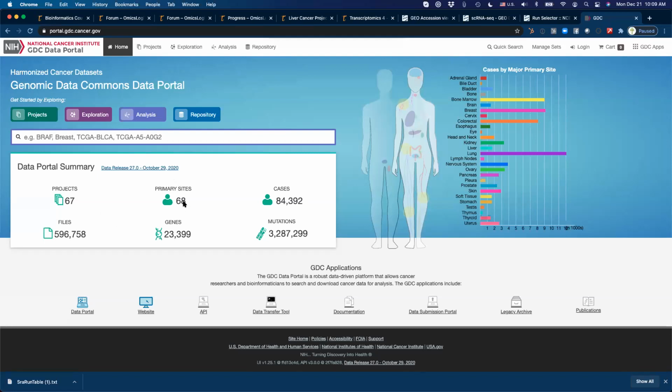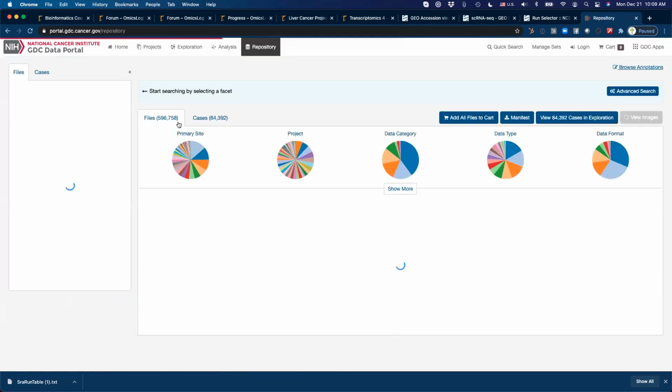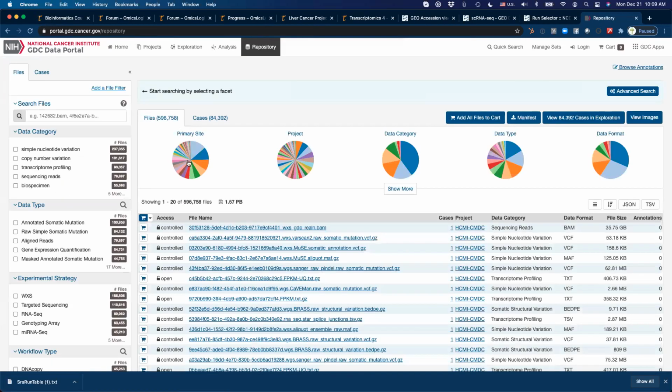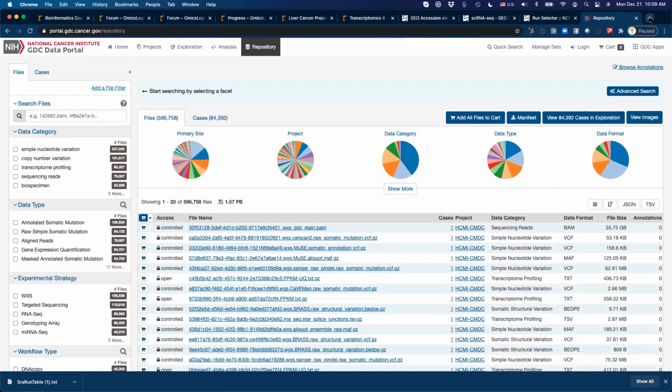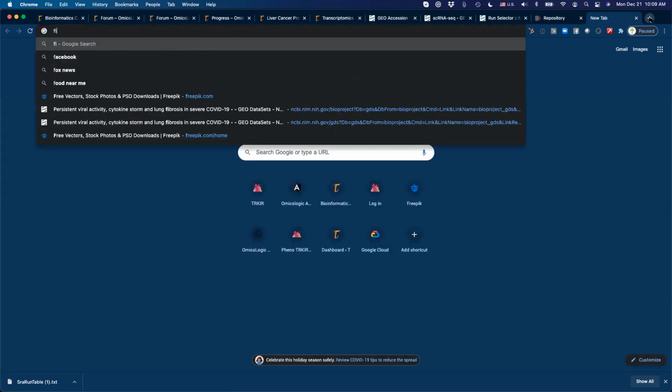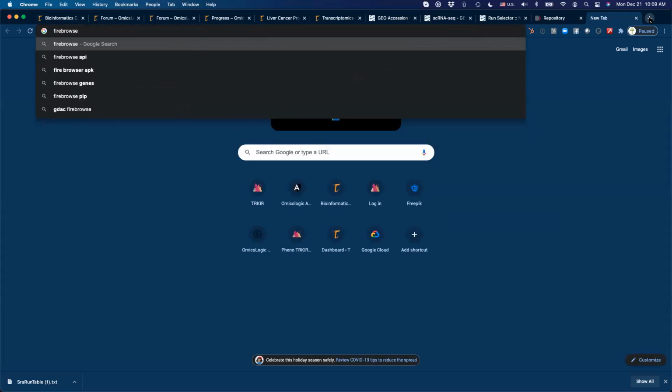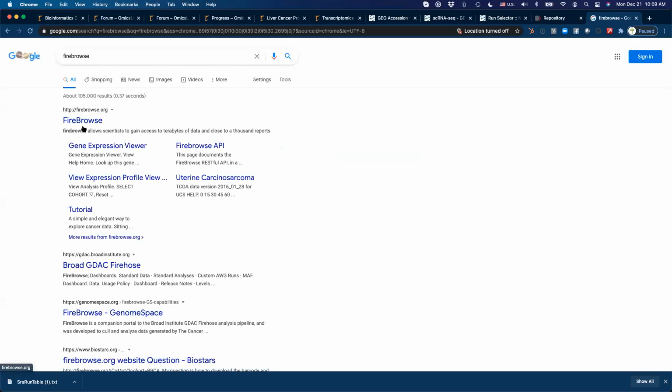So here you have to go through many different steps to actually find your data, right? So for example, here you can go to repository and you can start searching through all of these individual cases. In other repositories, one of them is called Firebrowse. You can find this data much easier.